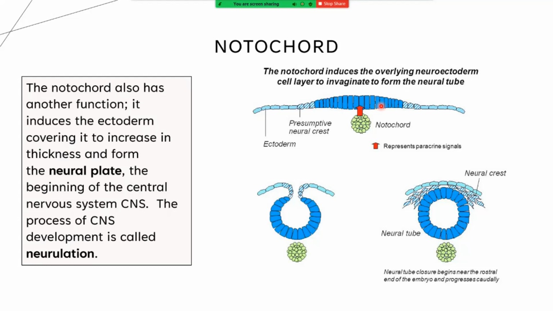The process of CNS development is called neurulation. So the notochord is also important in inducing the ectoderm thickening for neurulation, the formation of the central nervous system.